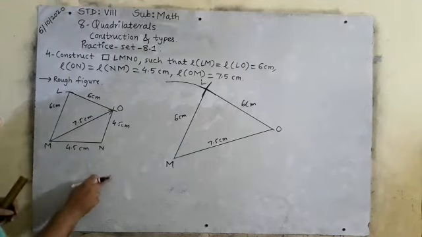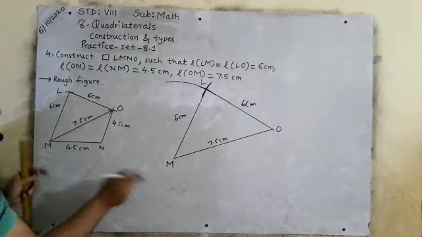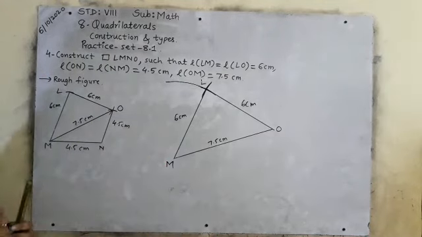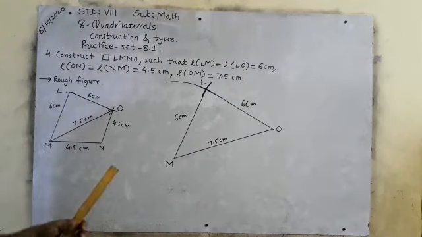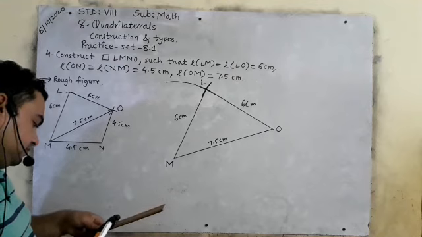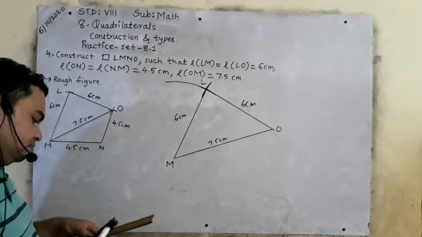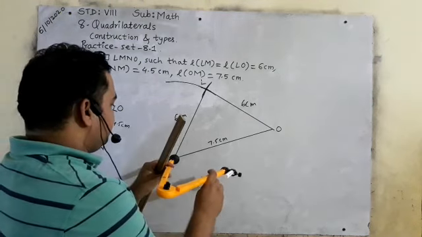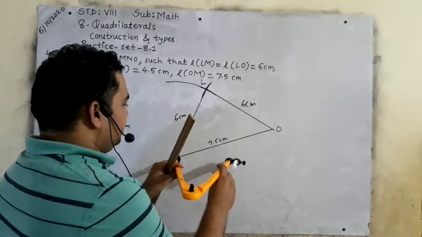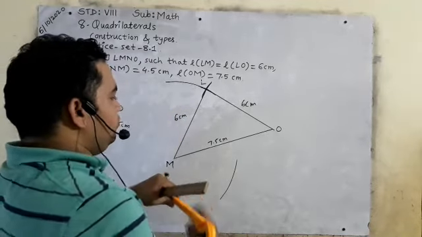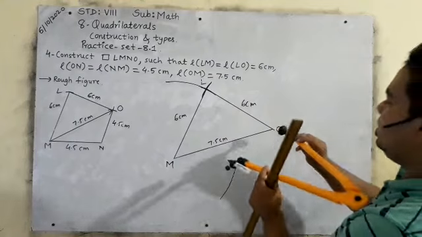Now we will draw this triangle. M to N is 4.5. So from M you will take 4.5, from O also you will take 4.5, it will cut. Is it clear? Now see, I will take 4.5 in the compass. I will keep on M and make an arc. The same distance I will keep on O and make an arc.